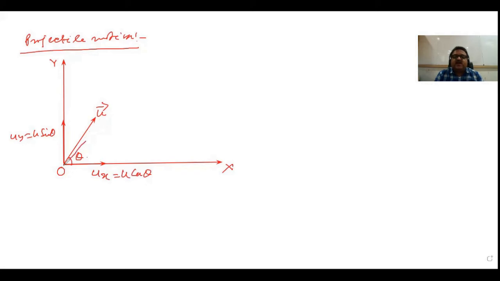So it will follow a parabolic path like this. Later on I will show you why the path looks like this by doing the mathematical derivation of the path, correct? Now, first, let me write down the information. Initial velocity along x-axis is u cos theta. Initial velocity along y-axis is u sin theta. Always remember one important thing: for horizontal motion, use the horizontal components, and for vertical motion, always use the vertical component.